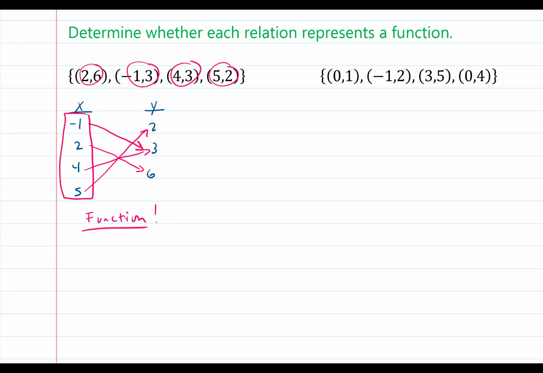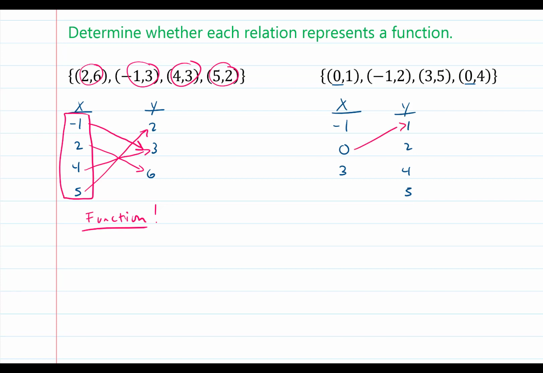Let's go to the second example, where again I will make a mapping diagram. So I have values for my x variable of -1, 0, and 3. Now you'll notice that 0 is represented twice, but we only put it once in the first column. I then have y values of 1, 2, 4, and 5. And now I'm going to draw my arrows to represent the correspondence. So I've got 0 corresponding to 1.